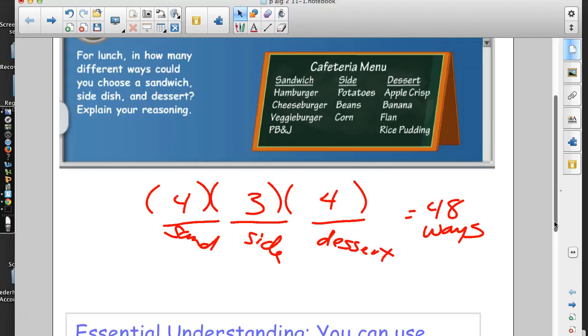When Subway first became a franchise, and Subways were opening all over the country, the first commercial that they ran talked about how many different ways there were to make a sandwich. And they gave this number in the millions. And of course, all us math geeks sat there and figured out were they right with the numbers. Because they have to meet truth in advertising. And they found out they had actually shorted themselves.